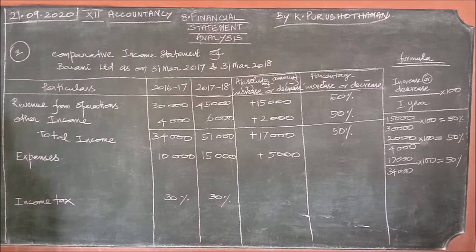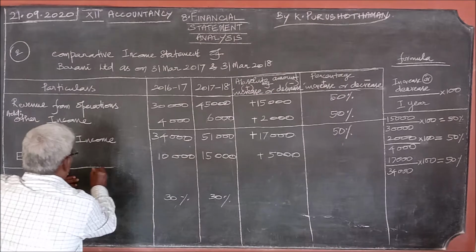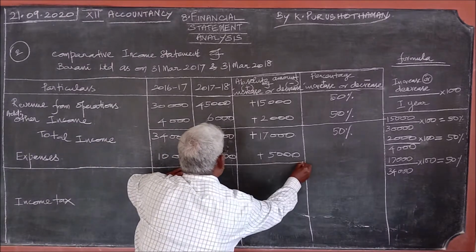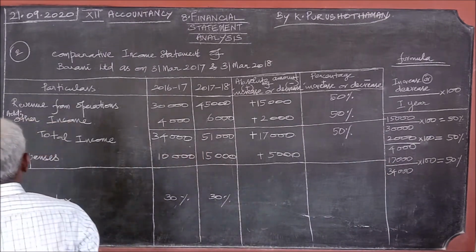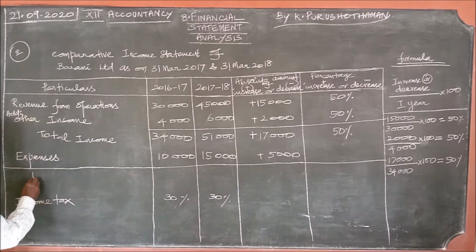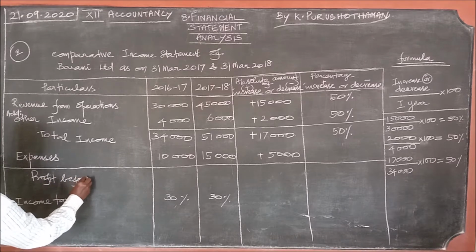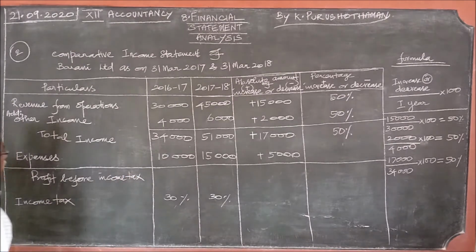Then we should find the profit from the total income. To find the profit now, from the total income, we should minus the expenses. Before calculating income tax, what is the profit?